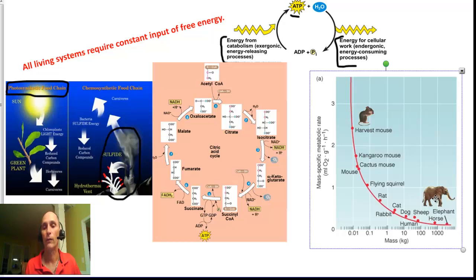It's not that elephants are cold-blooded or anything like that. If we compare their metabolism, it's much slower per unit body mass than the harvest mouse. And so we get this kind of nice little curve here, and you see humans, we're kind of on the low end here.